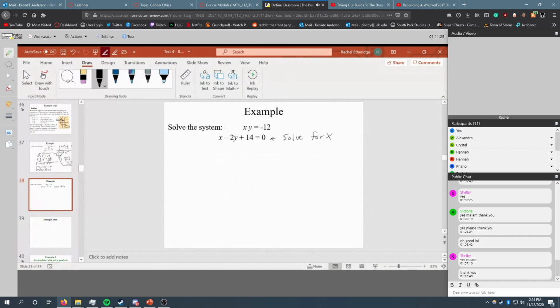I would add 2y and subtract 14. So I'm adding 2y to both sides and subtracting 14. So these two go to 0.